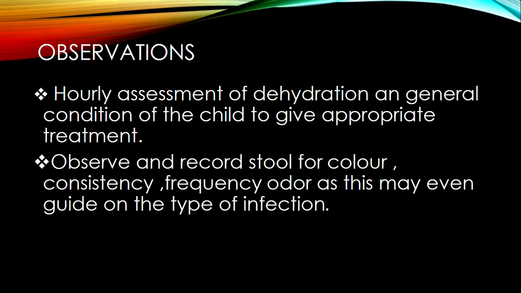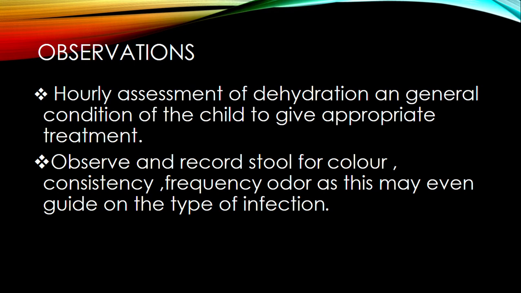Then we observe and record stool for color, consistency, frequency, and odor, as this may even guide us on the type of infection. Remember that we can also have dysentery, where we have blood in the stool.